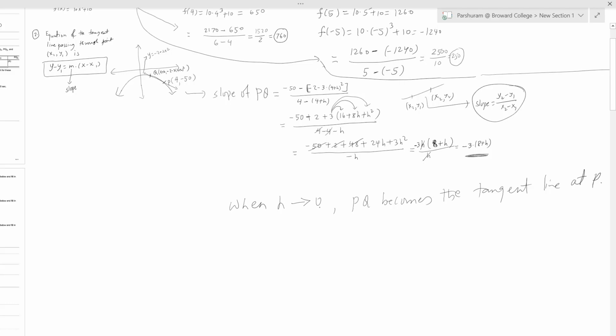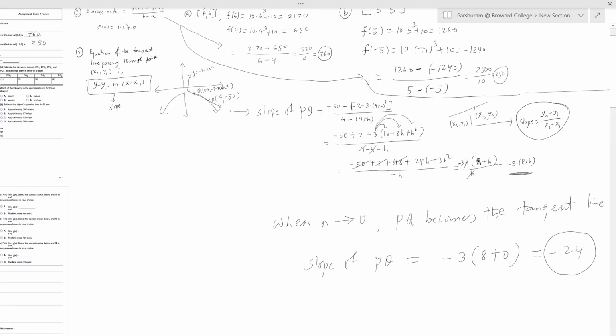So when h approaches 0, slope of PQ is equal to negative 3 times (8 plus 0), which becomes negative 24. Remember, we're trying to use that secant line to find out the slope of the tangent line. And now this negative 24 is the slope of the tangent line.